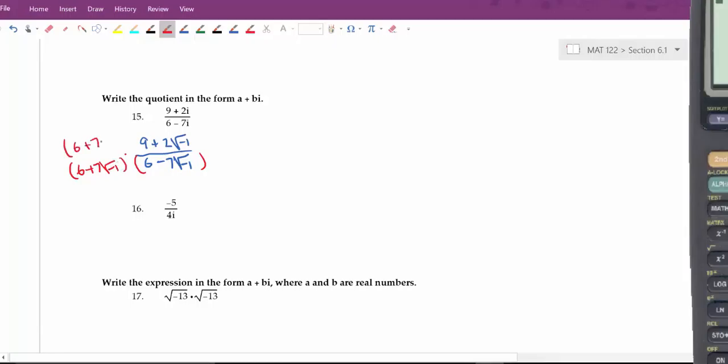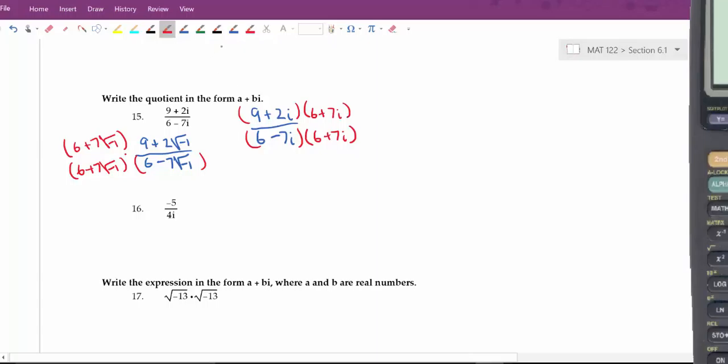Now, you don't ever usually think of it this way. You just do what we call the complex conjugate. But you're technically just thinking of this as rationalizing a denominator. So the way we're going to do this is we really don't want to have this i in the denominator, since it's technically a radical. So we're going to multiply the bottom by 6 plus 7i. We call that the complex conjugate. And of course, we have to multiply the top by exactly the same thing.